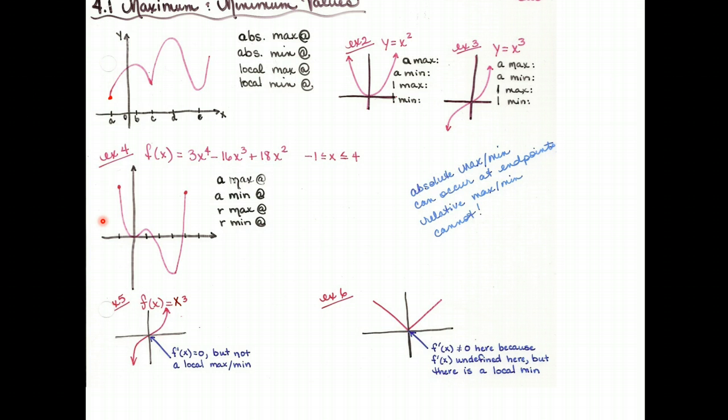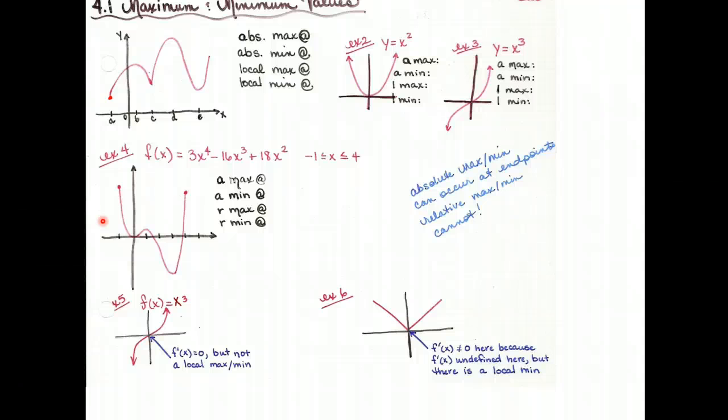So I don't know what's in its locale. I don't know what's relative to that point, what's right around it, because I can only see one side of it. So an absolute maximum or minimum can occur at an endpoint. A relative maximum or minimum cannot.